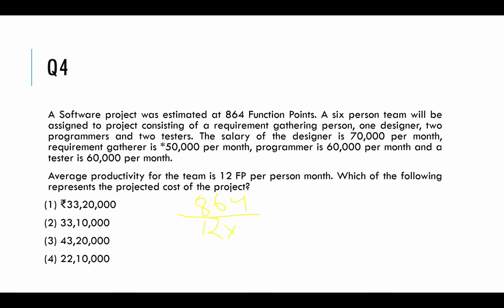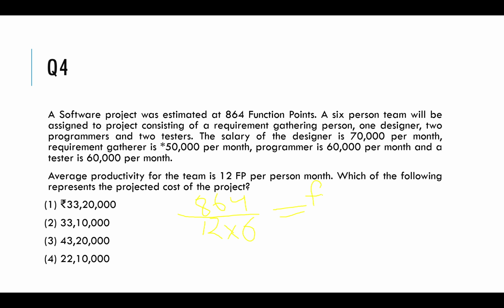A 6 member team will be assigned. So if one person implements 12 function points in a month, how many function points will 6 people implement? 12 into 6. We take this to calculate the total number of months required to implement the complete project.